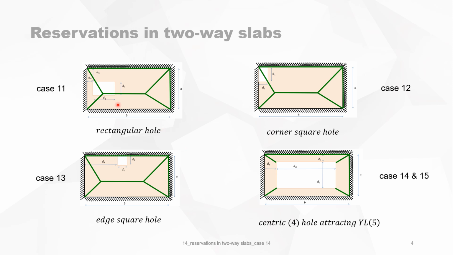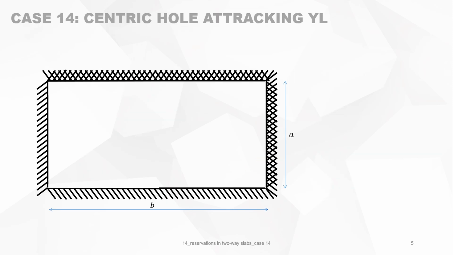So this rule of 30, 45, 60 is not valid in cases 15 and 14. However, the condition is that D3 and D4 must be of a certain size, because if this is too small, you will have completely unrealistic yield lines. So we must take care of this.